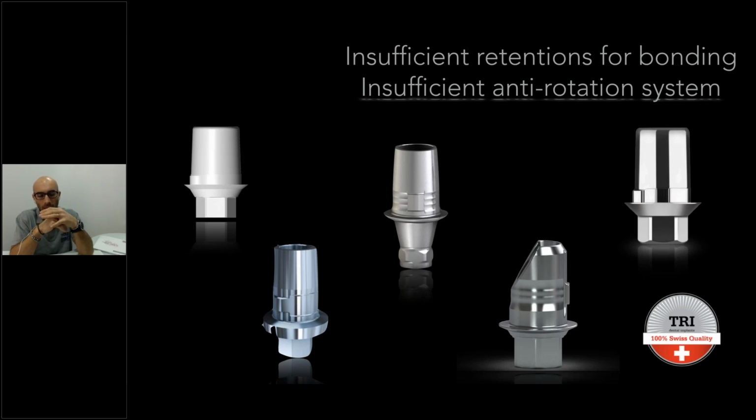So the crowns made on these bases for sure have a small rotation, a small movement, and this small movement has a bad influence on the precision of the cementation, because you cannot see exactly the right position of the crown on the T-base. So maybe if you bond in the wrong position, when you deliver your crown, the dentist will surely have some problem with the contact point or with occlusion.